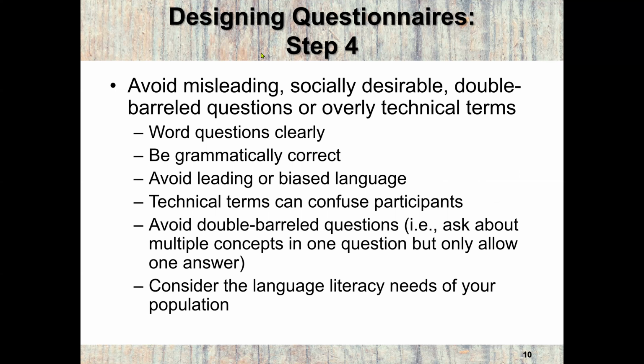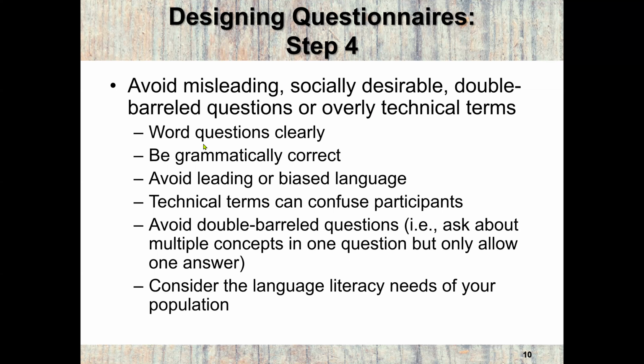Now, the next step is designing the questionnaire, step 4. Here, we need to avoid misleading, socially desirable, double-barreled questions, or overly technical terms. Again, technical terms may depend on your participants, your subjects in the research study, maybe their level of education or their professional field.